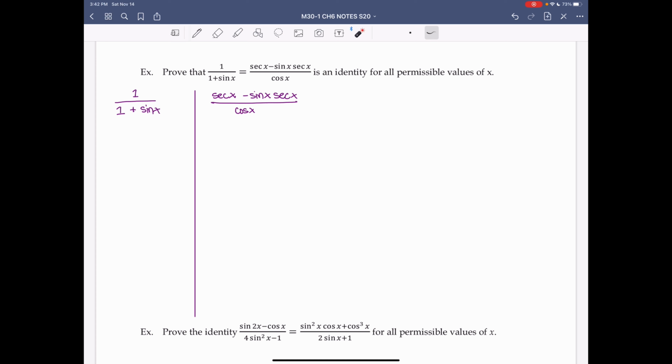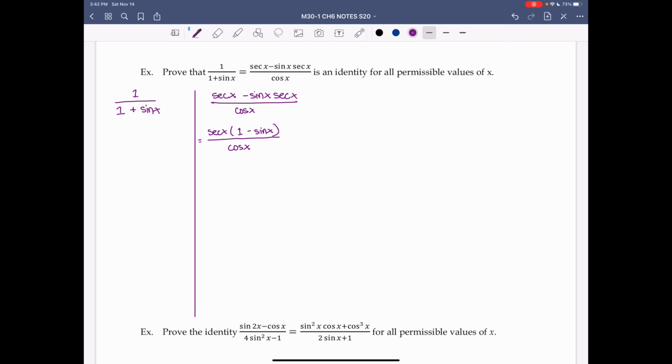I see right away that I have a secant x in each term on the top, so I can factor out secant x to get 1 minus sine x divided by cos x.